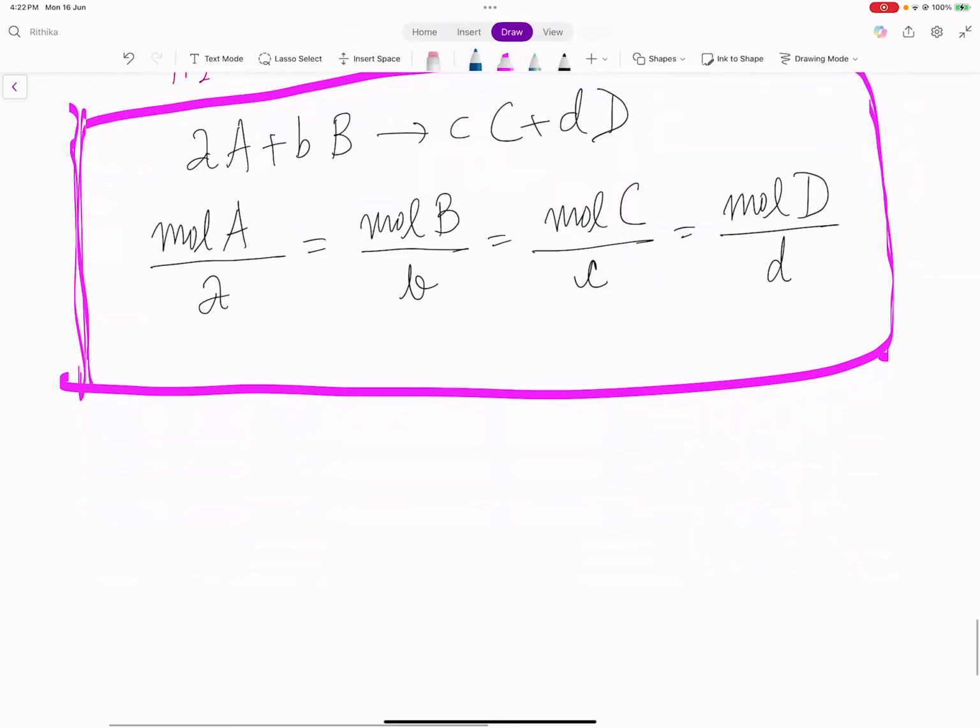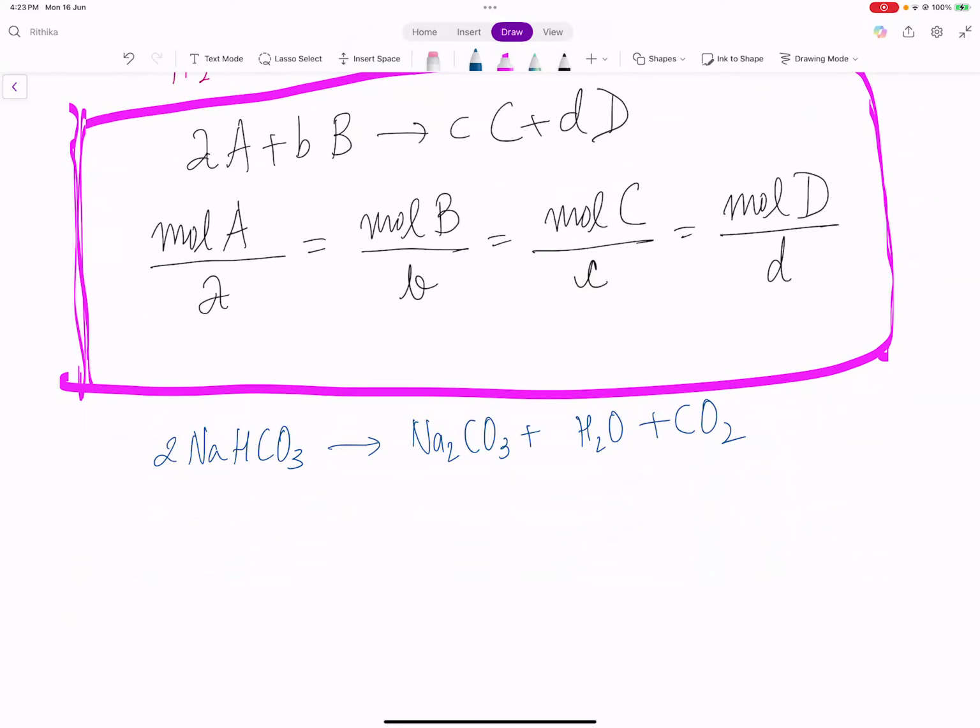So for example, let's say I have 2NaHCO3 goes to Na2CO3 plus H2O plus CO2. I can see that this is balanced. You can also check that it is balanced.